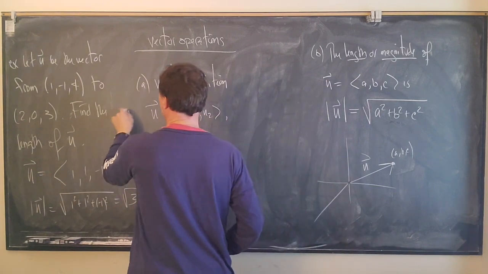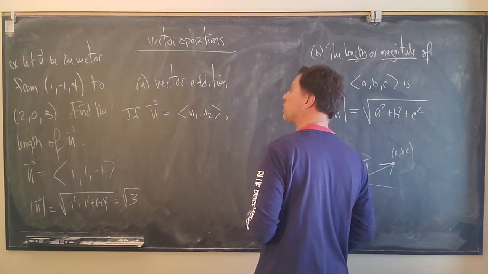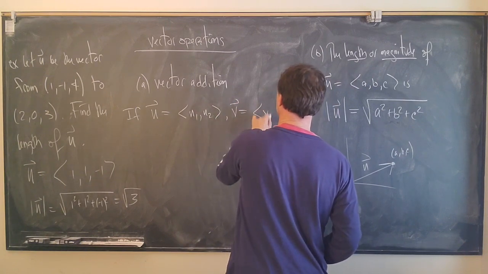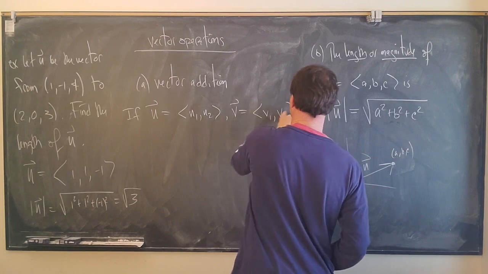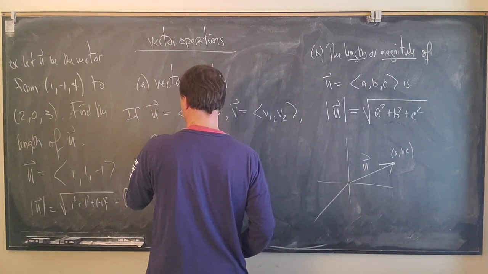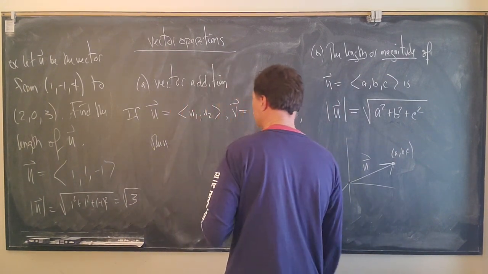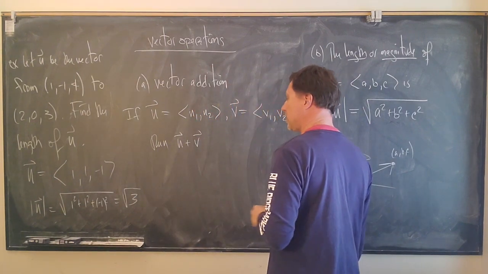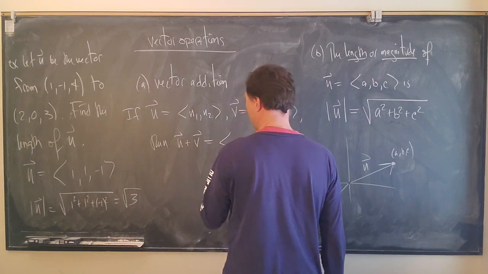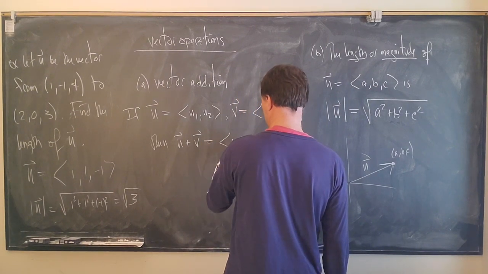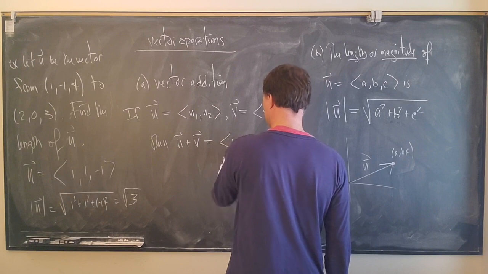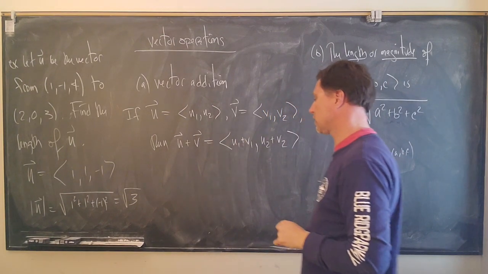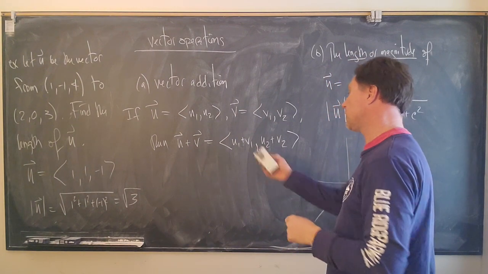If u equals the vector u1 comma u2, and v equals the vector v1 comma v2, then we can create a new vector u plus v, and that's just going to be, we'll do the obvious thing, add the first components and add the second components. That creates a new vector.